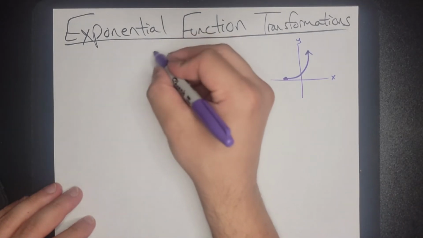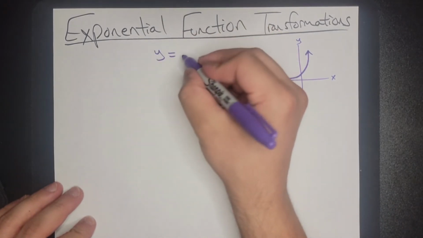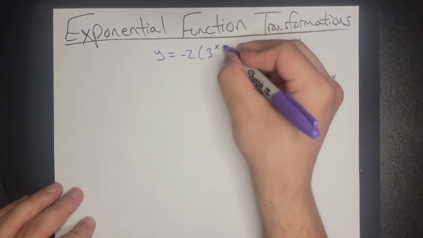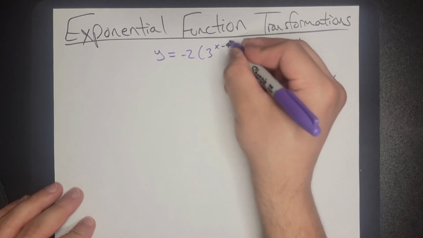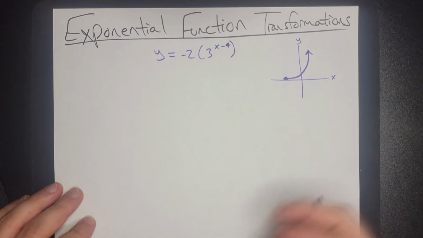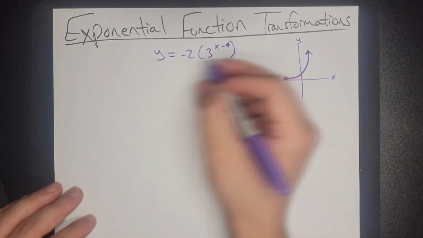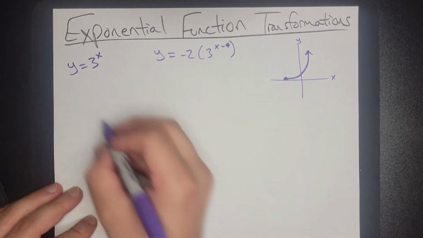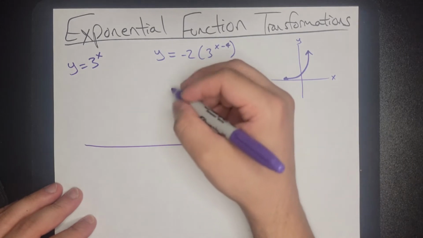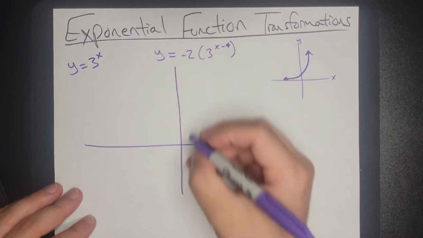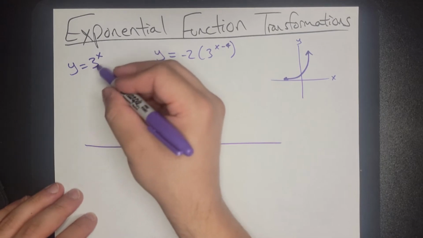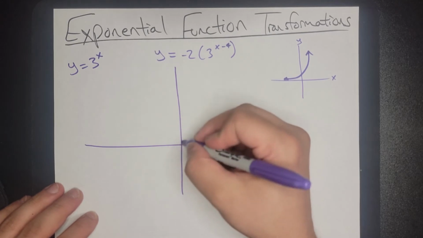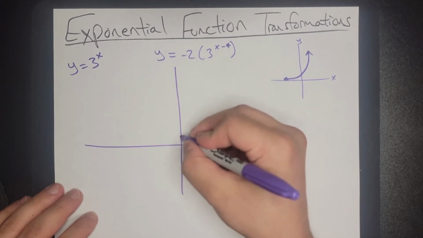So we're going to be looking at this function, y equals negative 2, 3 to the power of x minus 4. So right away, our parent function is going to be y equals 3 to the x. So if we were to draw that, at x equals 0, our y value will be 3 to the 0, which is just 1.